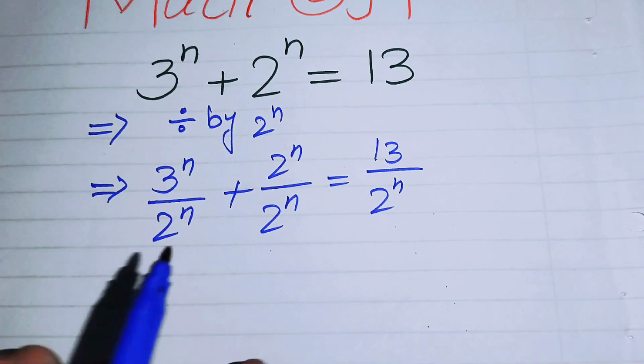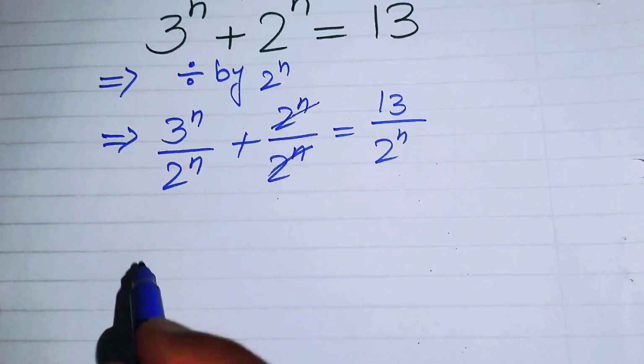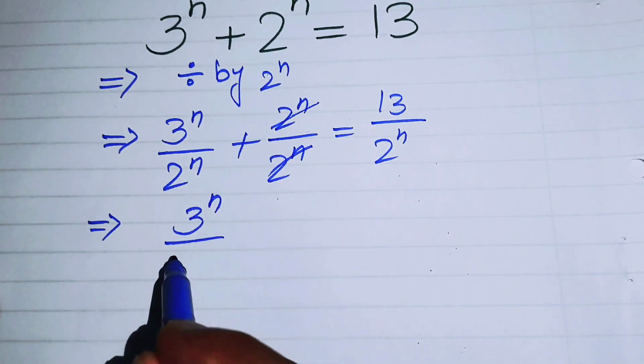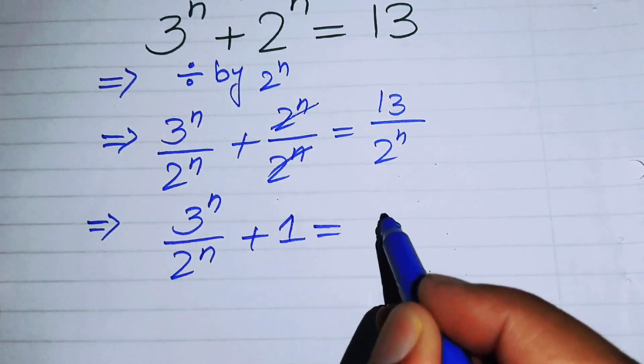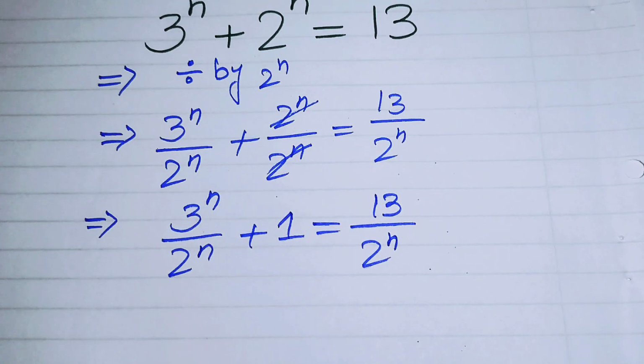And now you see that these two terms cancel each other out, and after that you will get 3 to the power of n over 2 to the power of n plus 1 is equal to 13 over 2 to the power of n.